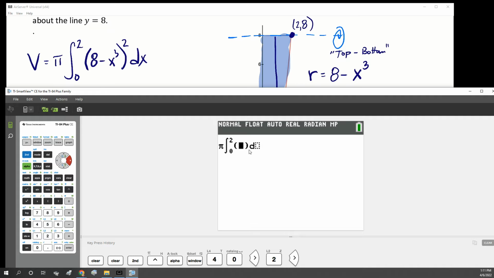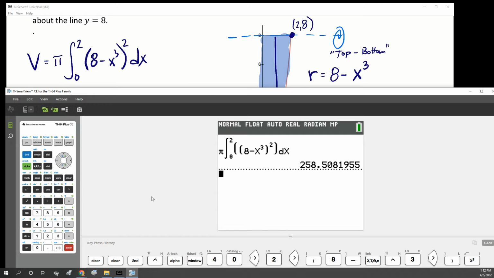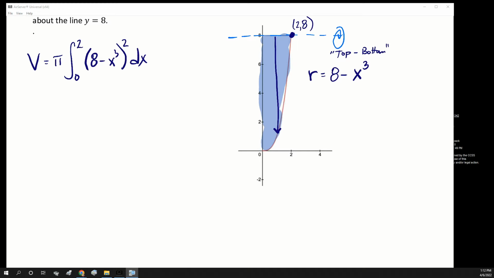Now we cannot use their parentheses, so we have to put this whole thing inside of their parentheses. Okay, so that should be it. We need to be accurate to 3 decimal places.